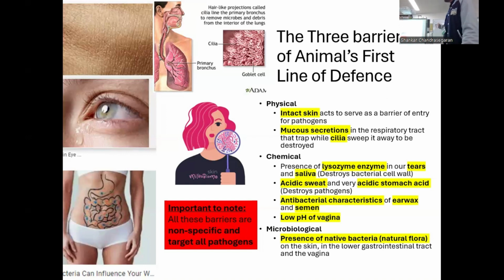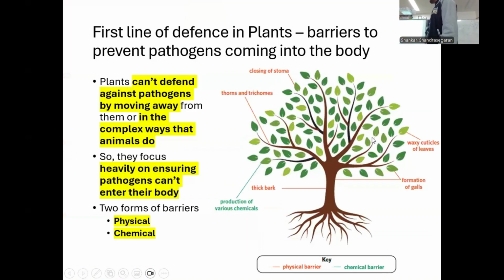Only in the third line of defense does the immune system become very adaptive and specific towards the pathogen that is able to get to that stage of that line of defense. Otherwise, the others are all non-specific and just targeting any pathogens that are coming near us.